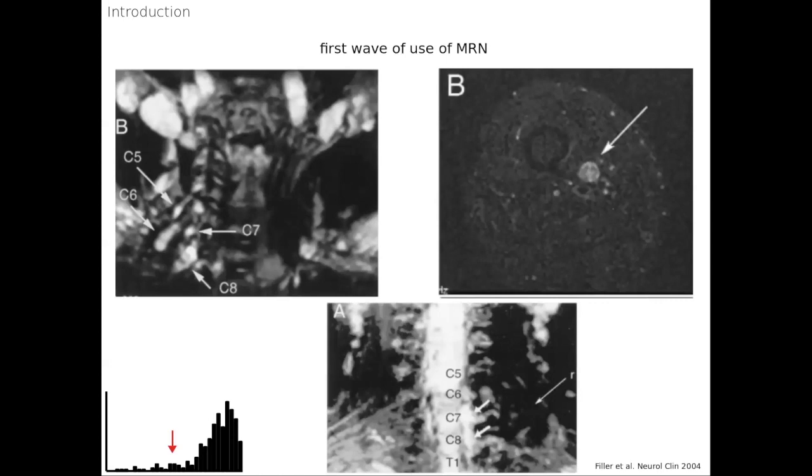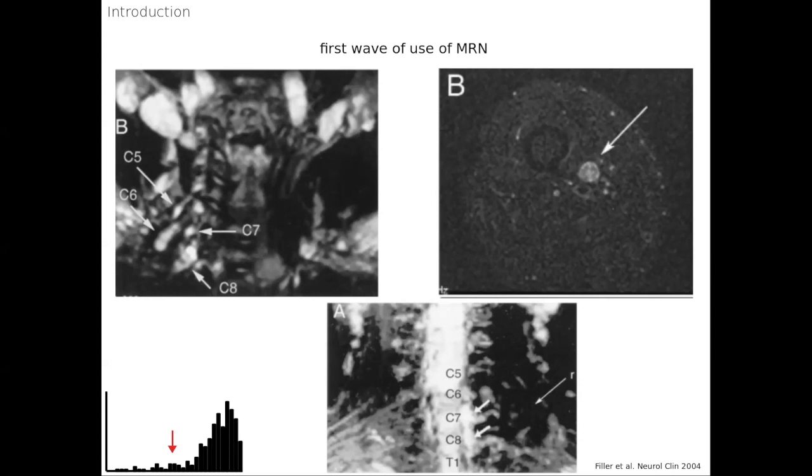If we look at the different images that were published during this time, we see here in 2004, for instance, on the top right, a peripheral nerve tumor of a leg, and on the left side, we barely see what it depicts, but it demonstrates the brachial plexus and the different nerve roots.